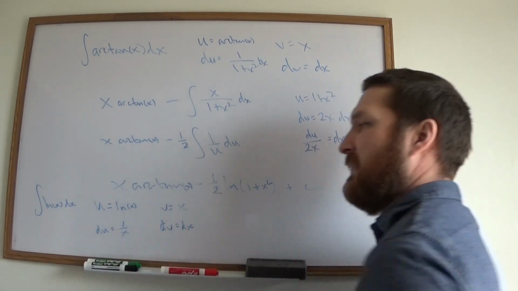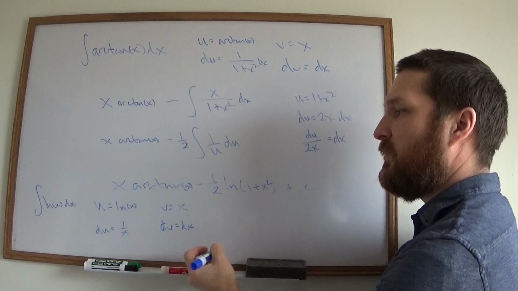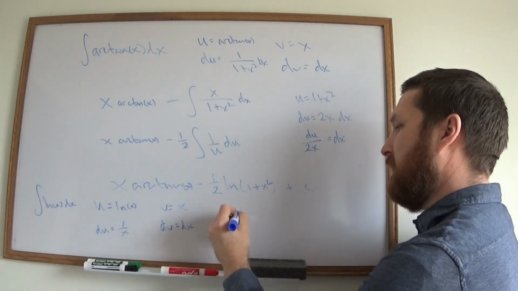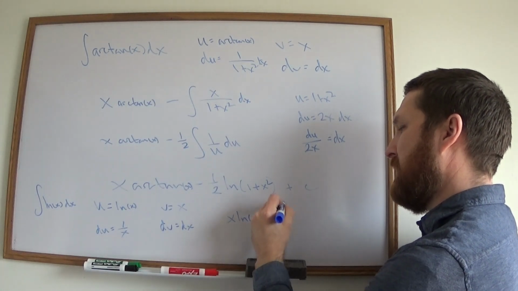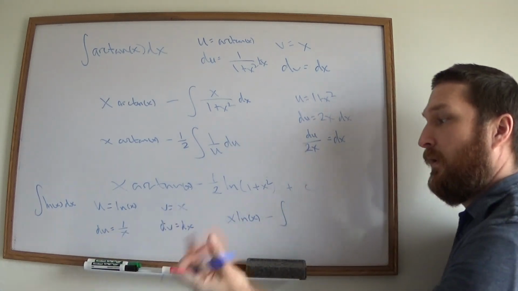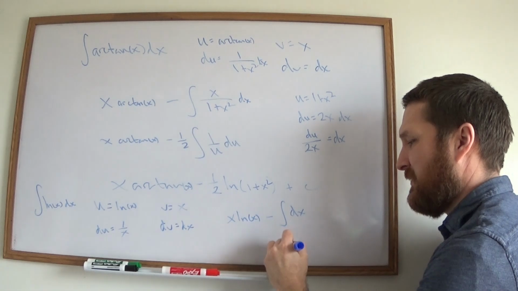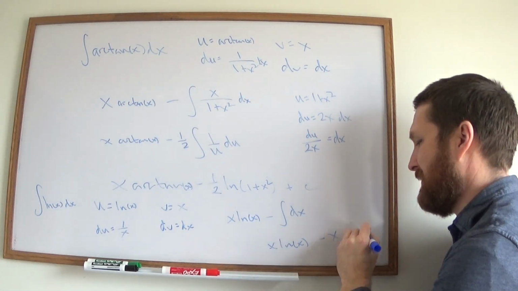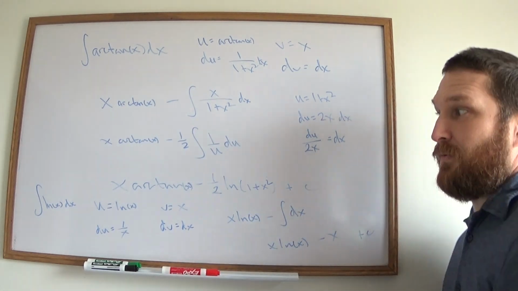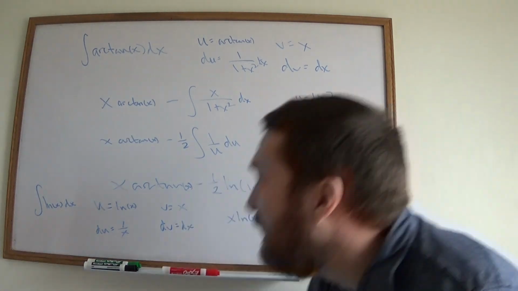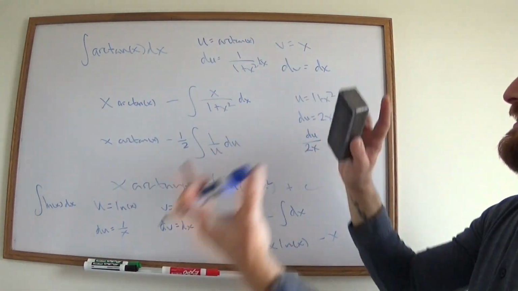The antiderivative of this is now really easy, because when you do your uv, you get x log x minus the integral of v du. Oh, that's just a 1, and so it's just dx. So it's just x log x minus x plus a constant. It's actually doable, whereas trying it the other way is not going to help, right?